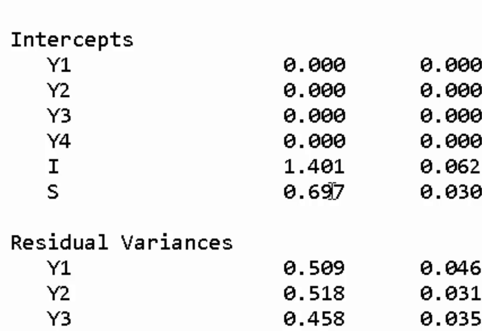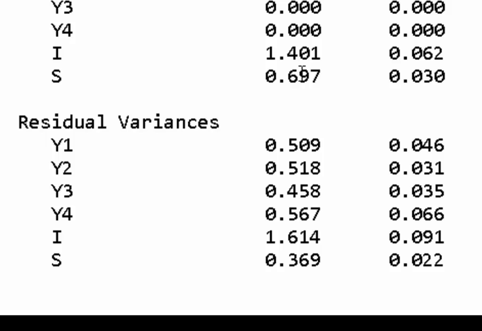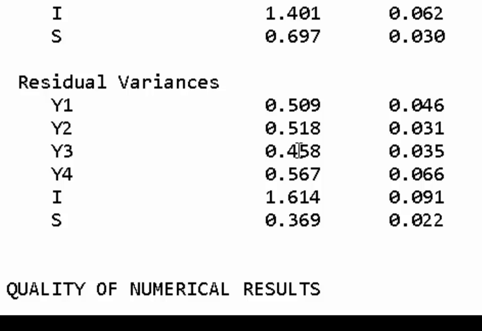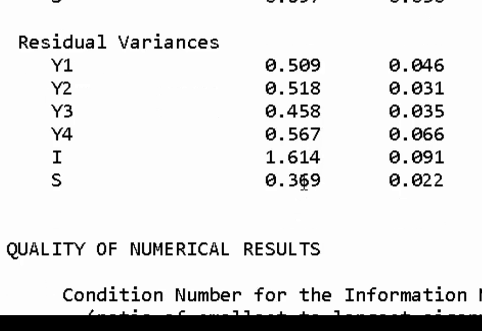This tells us how much Y changes per unit increase in our time scores. So the change is about 0.7 for every time step. We have residual variances, which are similar to each other over time, so maybe we could be comfortable with a homoscedasticity assumption, but we don't necessarily need it.